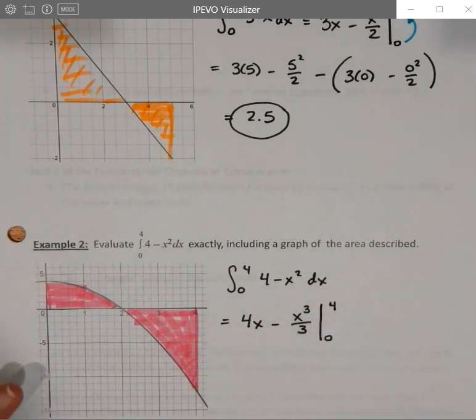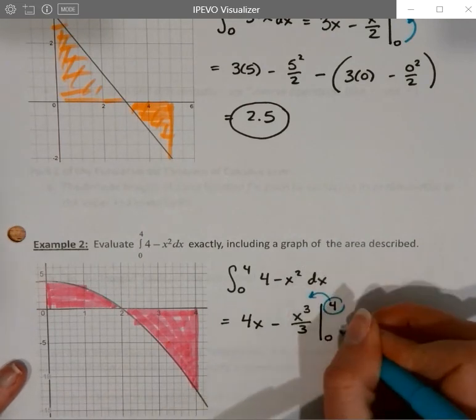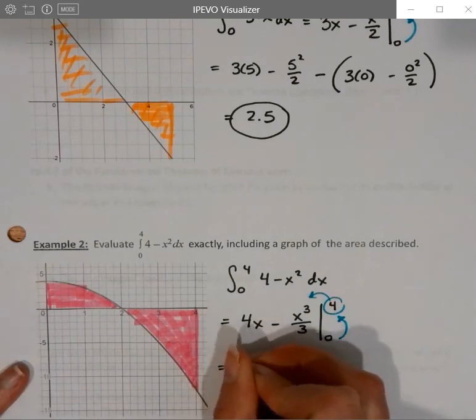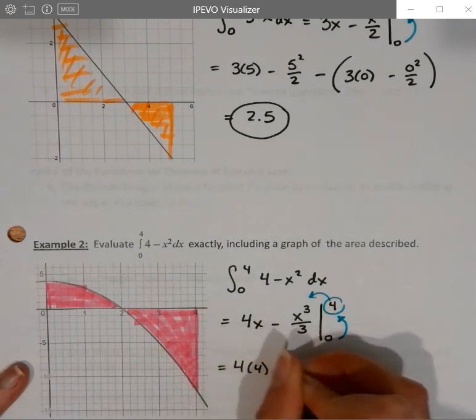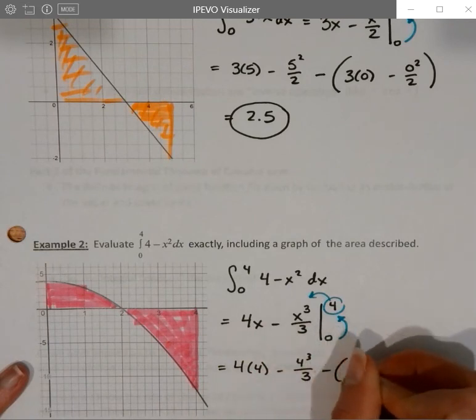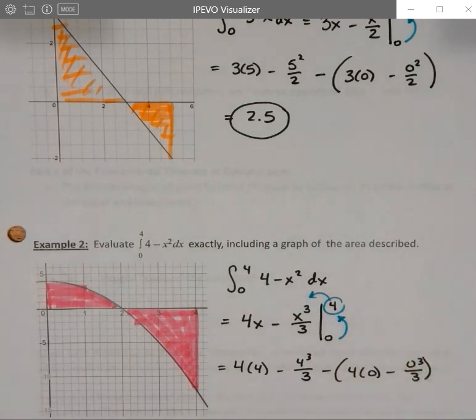So I plug in my bounds, always upper bound first, then bottom bound. We start with 4 times 4 minus 4 cubed over 3, minus 4 times 0 minus 0 cubed over 3. That's 0 again, so I'm just concerned with 4 squared minus 4 cubed divided by 3.